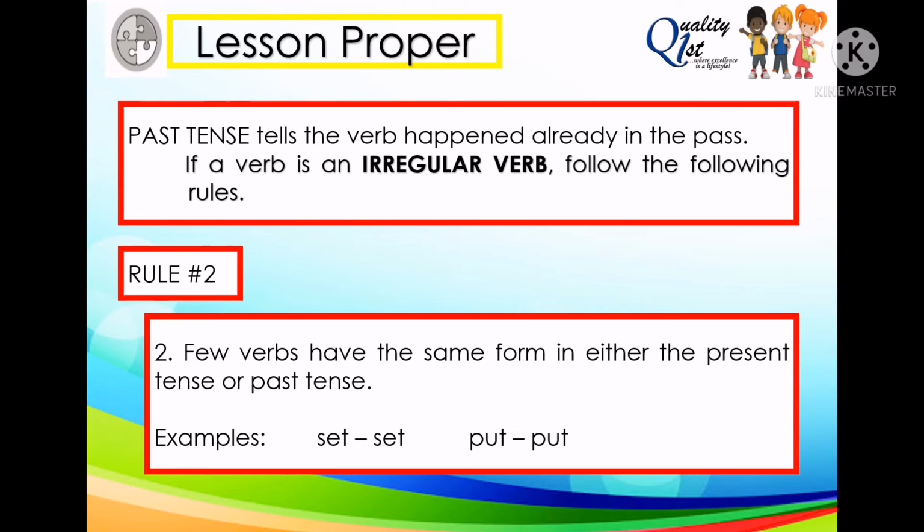Put under present tense and still put under past tense. Okay? There are just few of them. Most of irregular verbs change their spelling. But in this case, few verbs have the same form in either the present tense or past tense. Okay?